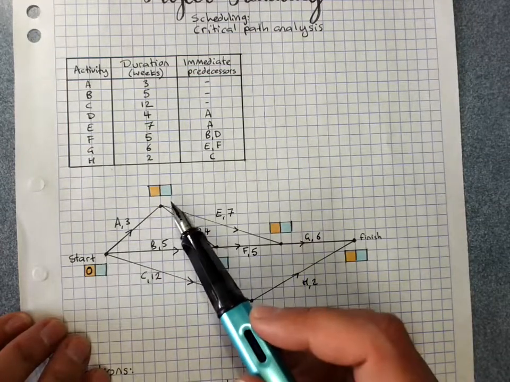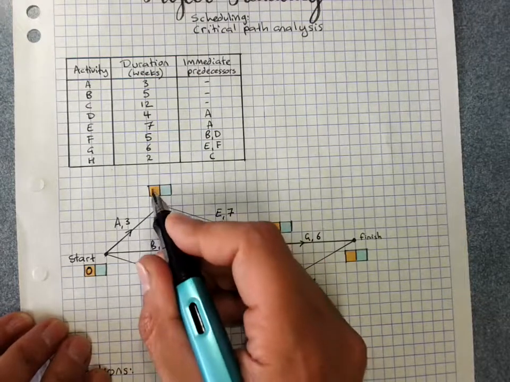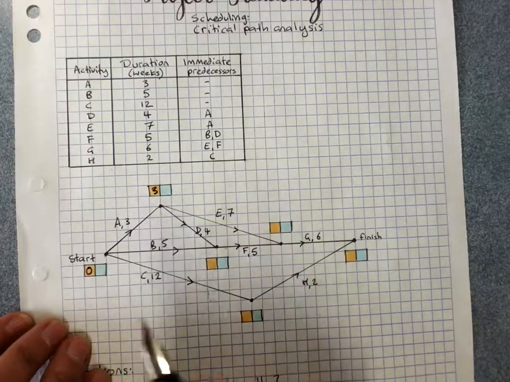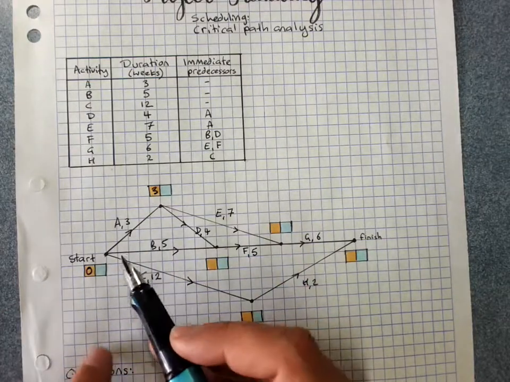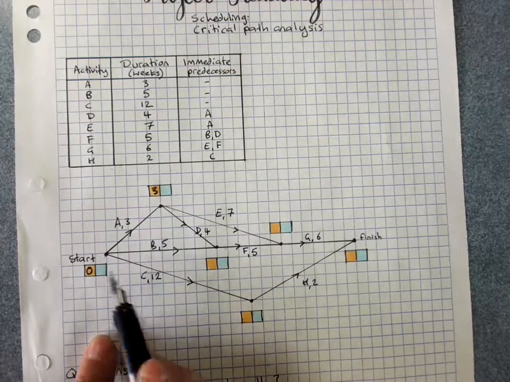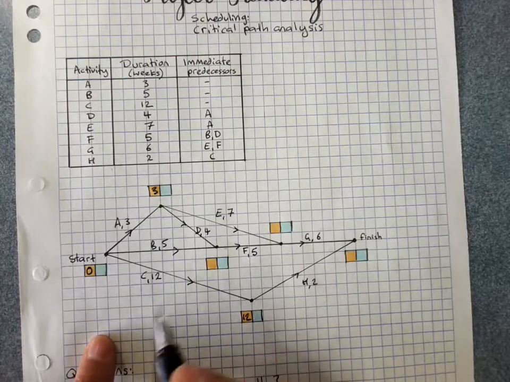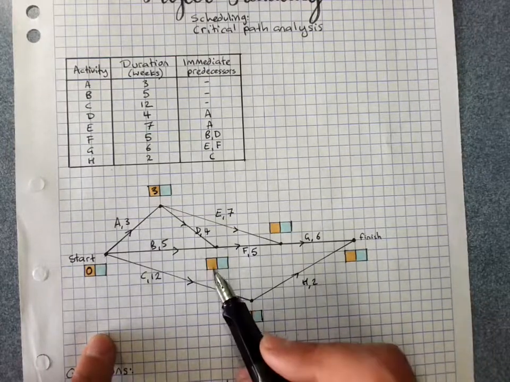There's only one way of getting to A, so 0 plus 3 means that the earliest we can start these next two is at 3 weeks into the project. Then C is nice and easy, 0 plus 12 weeks. So the earliest I can finish C and start on the next one is at 12 weeks into the project.